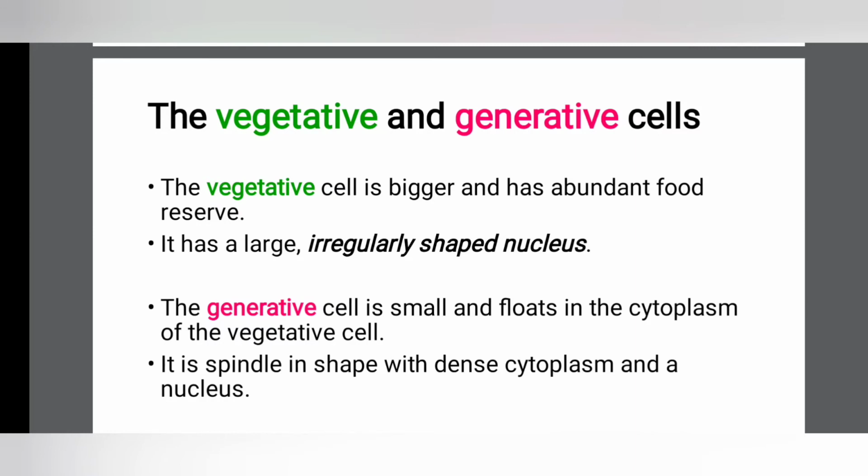It has a large, irregularly shaped nucleus, whereas the generative cell is small and floats in the cytoplasm of the vegetative cell. It is spindle in shape, with dense cytoplasm and a nucleus.